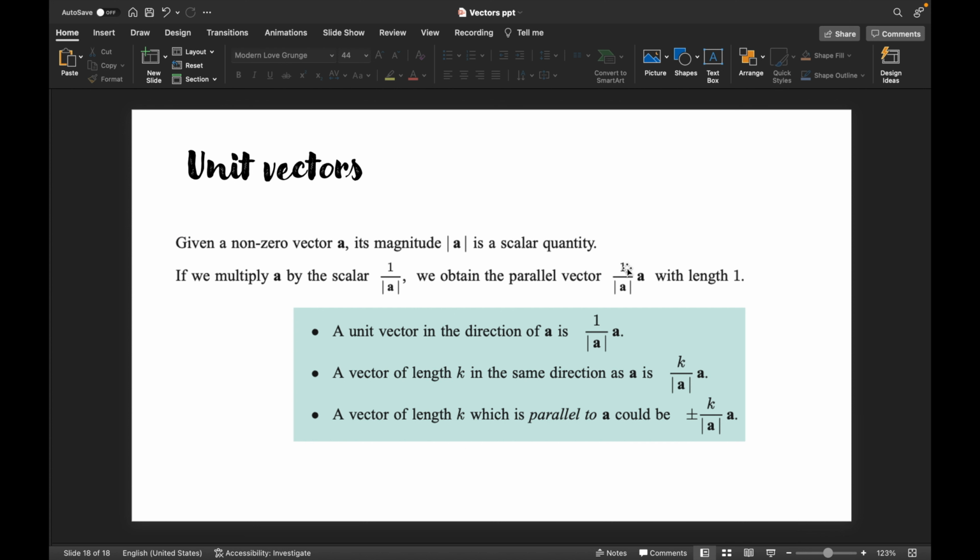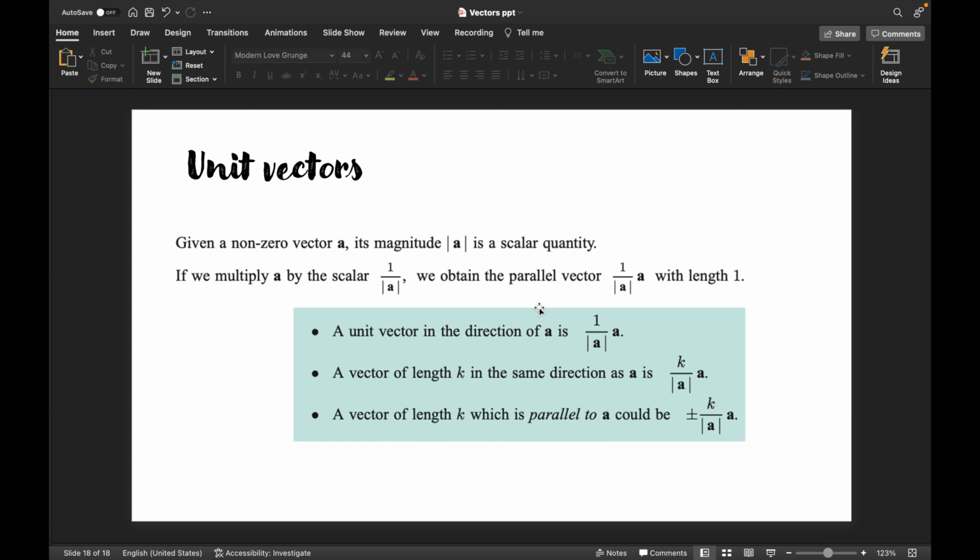So given a non-zero vector A, its magnitude, which is the modulus of A, is a scalar quantity. If we multiply A by the scalar 1 divided by the magnitude of the vector, we obtain a parallel vector with magnitude 1. Like I told you, we use this to show the direction of the vector.